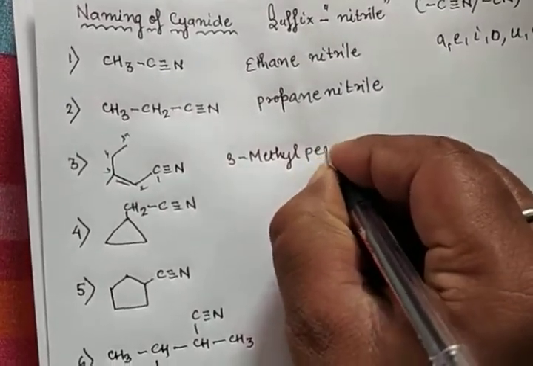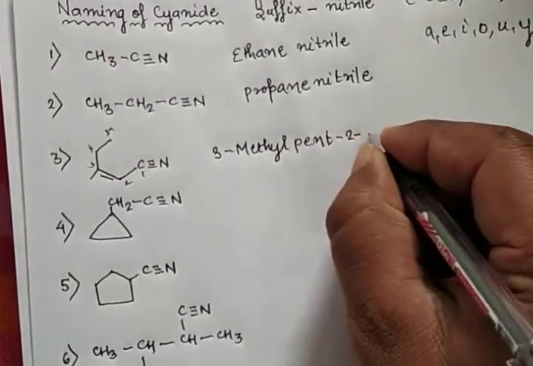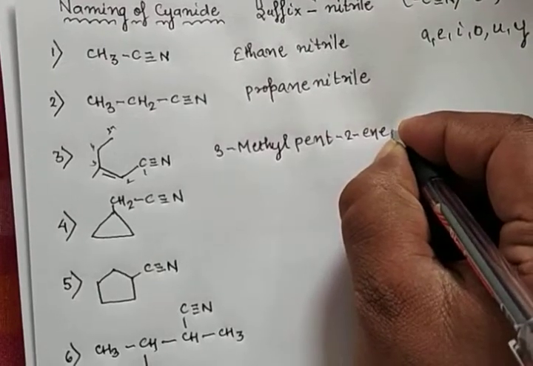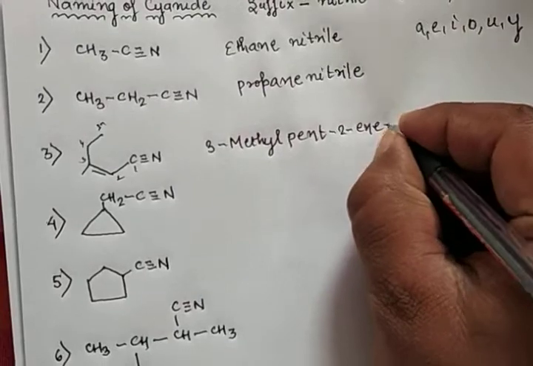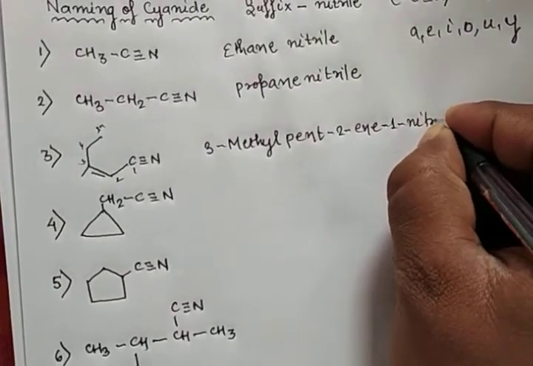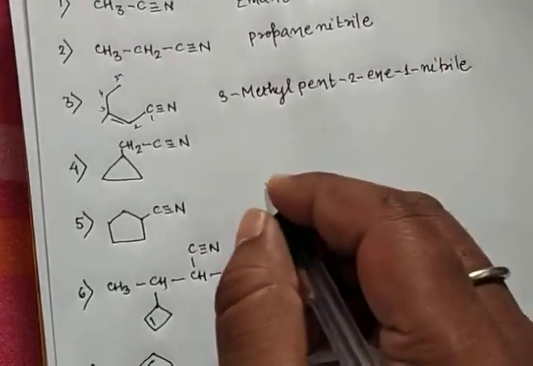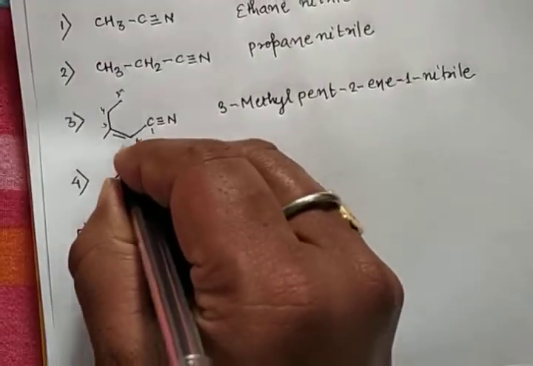Pent, and the second position is a double bond, it means ene. And pentene, this one position is nitrile. Clear, all of you?